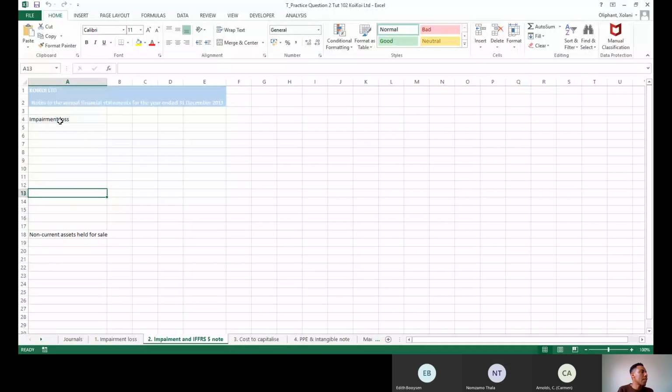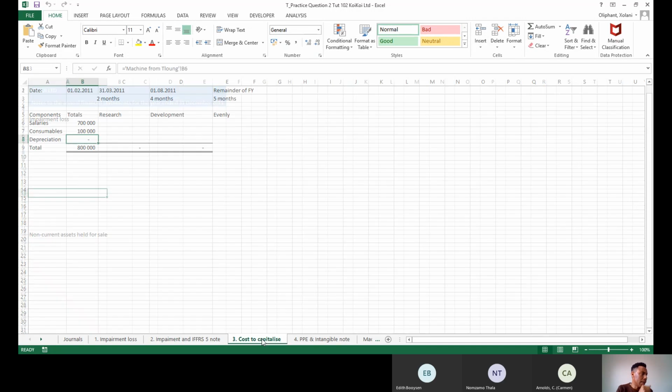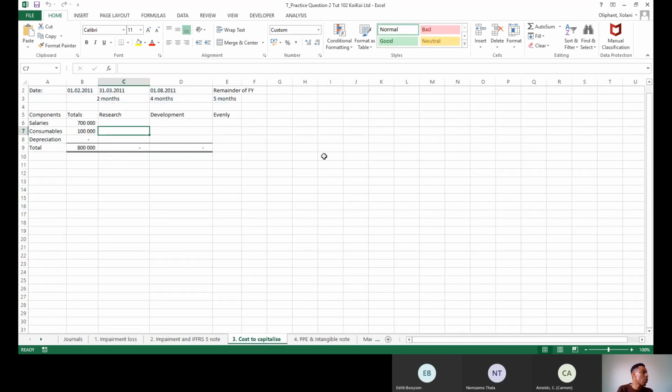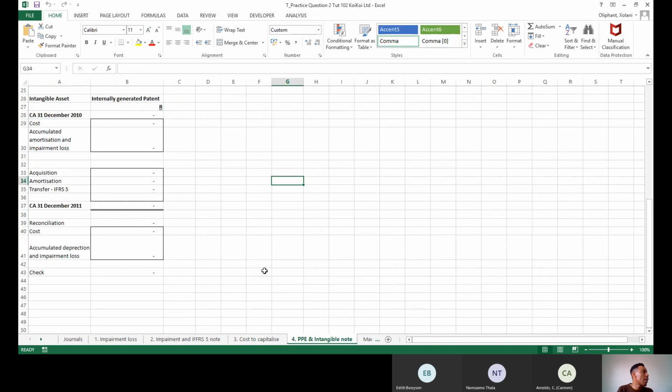Okay, so obviously these would have been the notes that you would have to do as required in the scenario, and then this section would have been your cost that you will capitalize, but you're also going to do the research component. And then here this would have been your PPE note or your intangible note, but now we'll only do the intangible note as required.